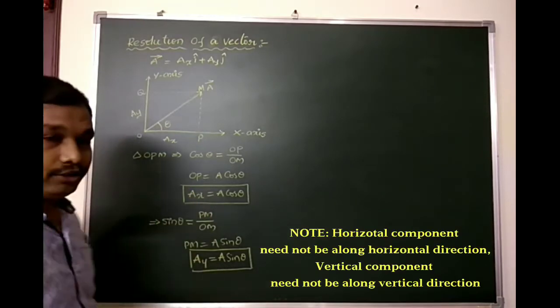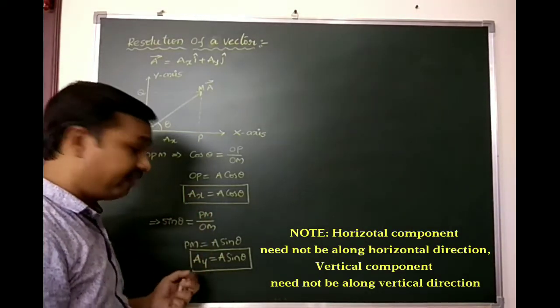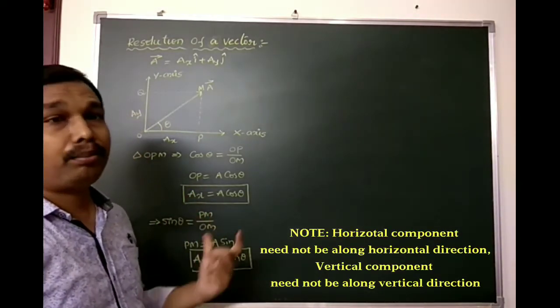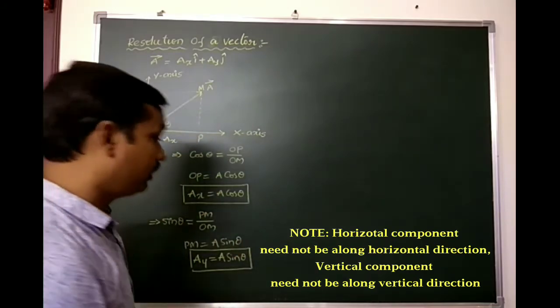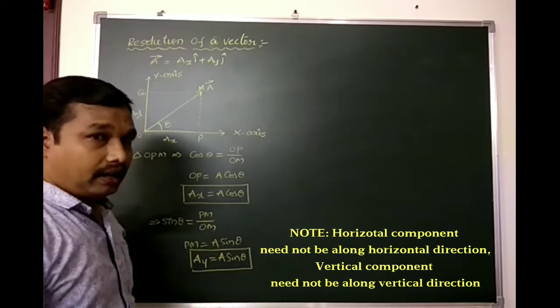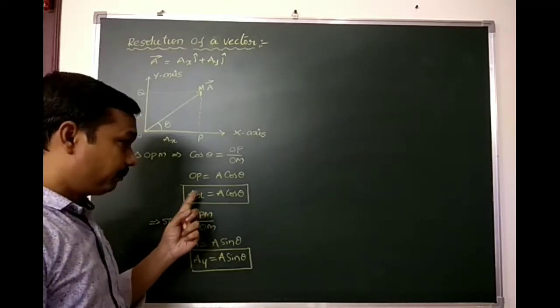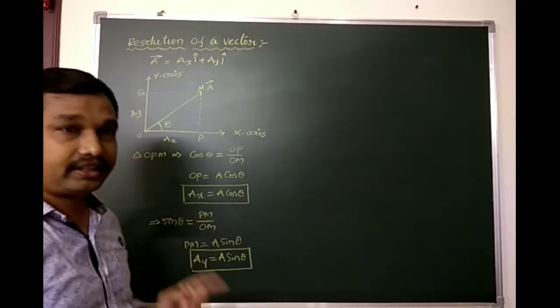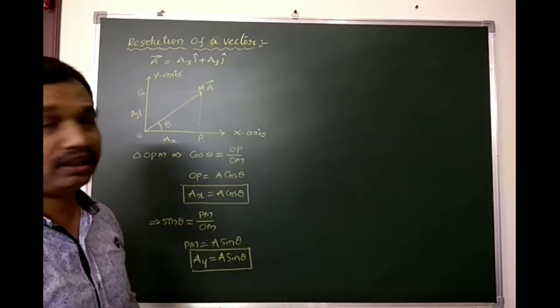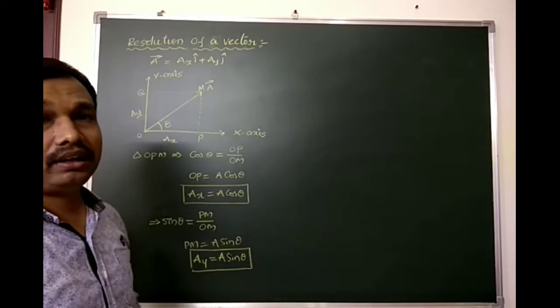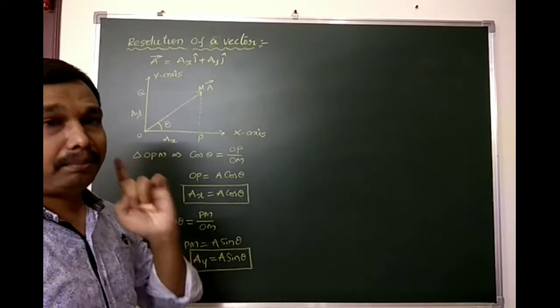Here these two, Ax and Ay, are called components of a vector. I am going to give a point here: Ax and Ay are giving you magnitudes, not directions. Components of a vector are giving only magnitudes.